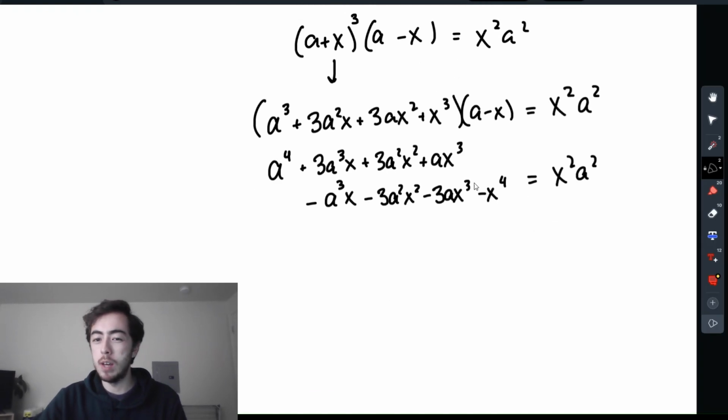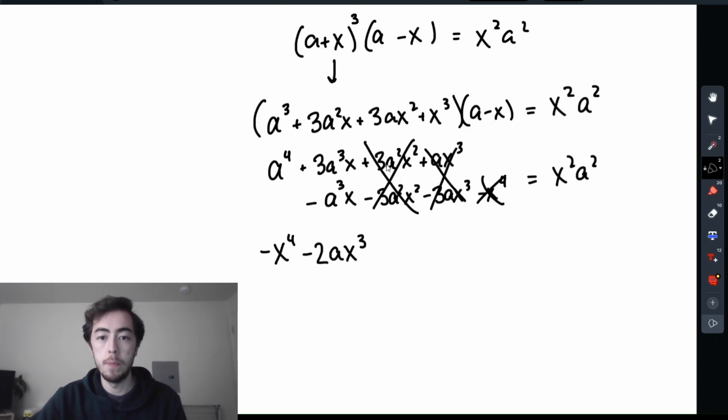Maybe I will write my polynomial in descending order of x, because that's just kind of typical. We're also solving for x, so might as well get the attention on x itself. Let me cancel these out before I do anything. And then, okay, so I'll move my negative x to the fourth to the front. Then these two together will combine to a negative 2ax cubed.